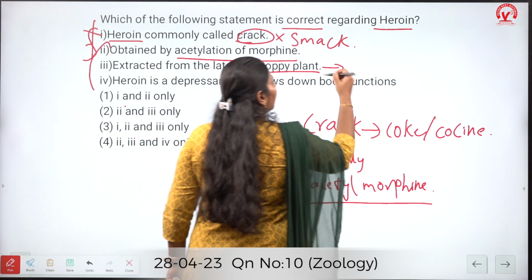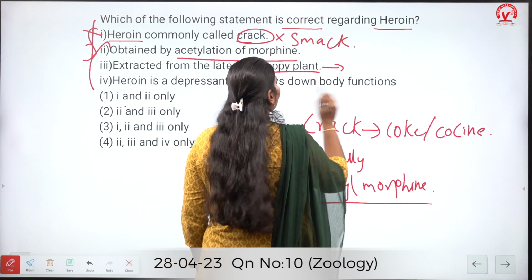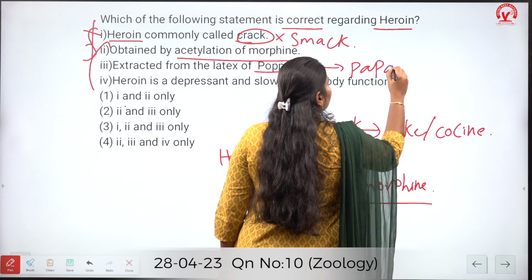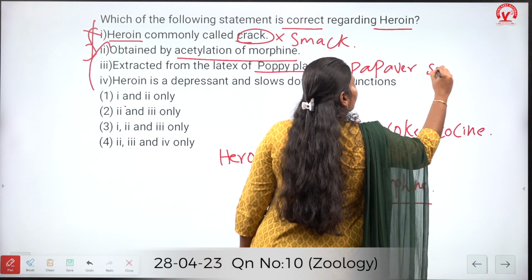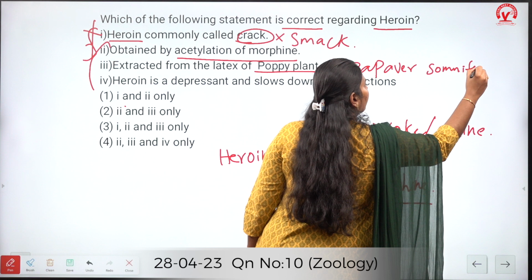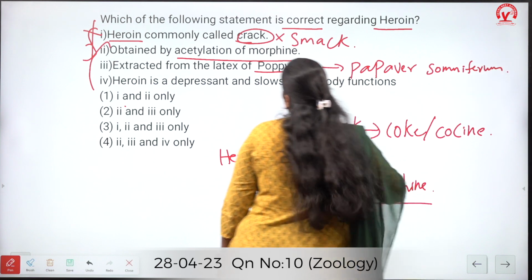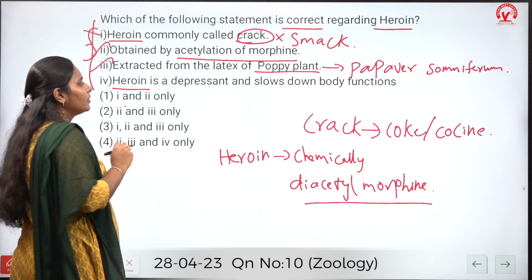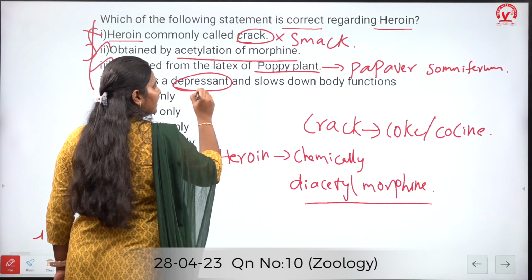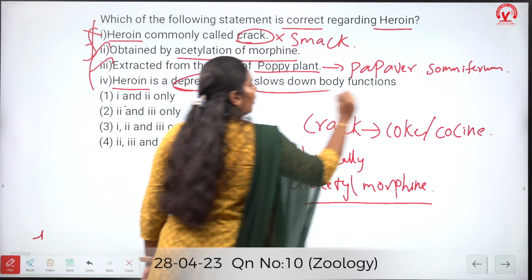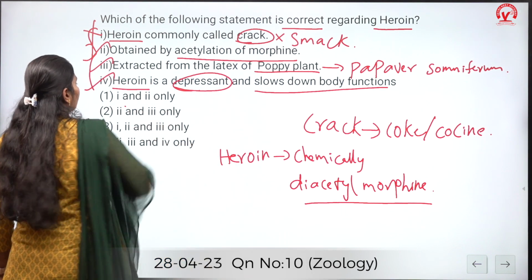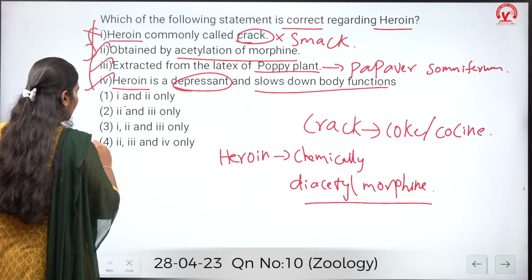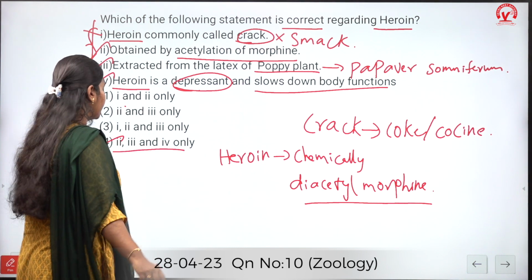The botanical name of this poppy plant is Papaver somniferum. So option 3 is also correct. And heroin is usually taken as a depressant and it slows down the body function. So option 4 is also correct. So the correct statements given here are option 2, option 3 and option 4.